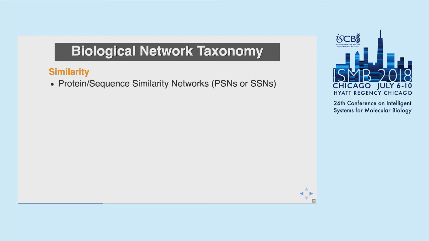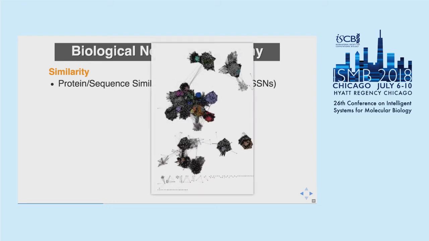And similarity networks, the sort of canonical example here is a protein similarity network or a sequence similarity network. And these are incredibly useful for annotation transfer, functional annotation transfer. Okay, if I look at this cluster right here, everything that's this tan color has known function.